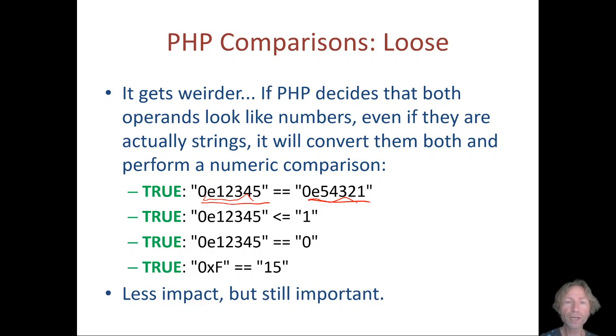Likewise, it will consider this to be true: 0e12345, it will interpret as a number, and it's much less than 1. Or 0e12345, on the loose comparison, it will interpret to be equivalent to the string 0. Likewise, 0xF in the string is the same as 15 as a string.